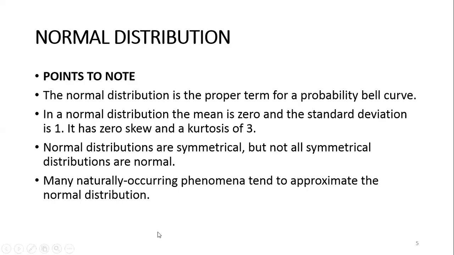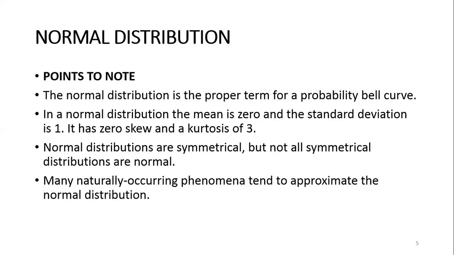Normal distributions are symmetrical, but not all symmetrical distributions are normal. Why is that? The fact that a distribution is symmetrical does not automatically mean it is a normal distribution, because normal distribution also has other properties.